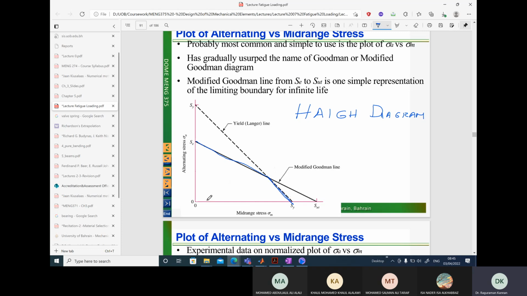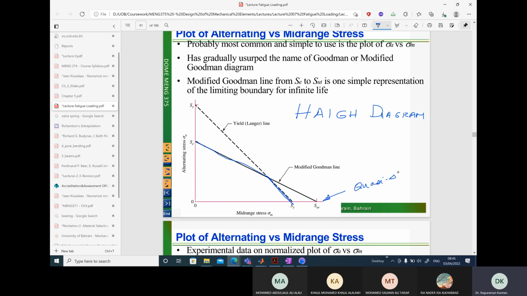Okay, so let's try to understand this graph. On the x-axis, you have mean stress. Suppose I am loading along the x-axis, what does it mean? It means my amplitude of stress here is equal to 0. So if I am on the x-axis, this is equivalent to static loading, or quasi-static loading.